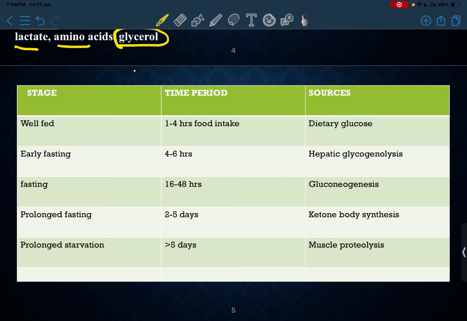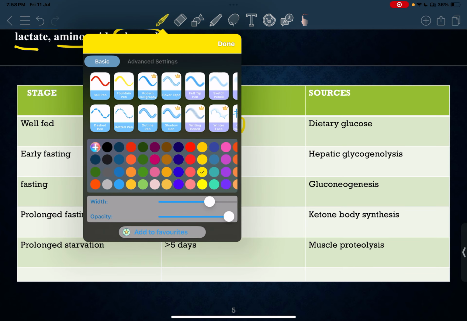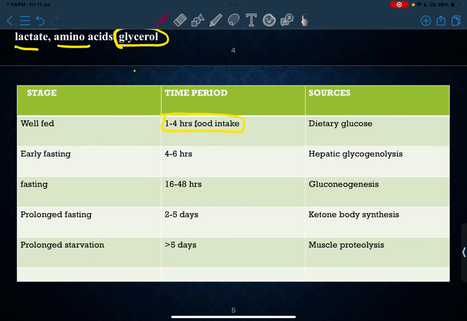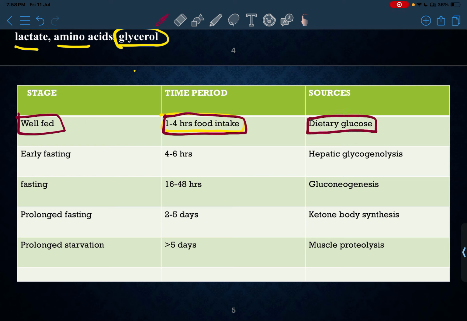Within 1 to 4 hours of our food intake. In this stage, the source of glucose is dietary glucose, which is the carbohydrate. This carbohydrate is broken down into glucose, and it provides the glucose.